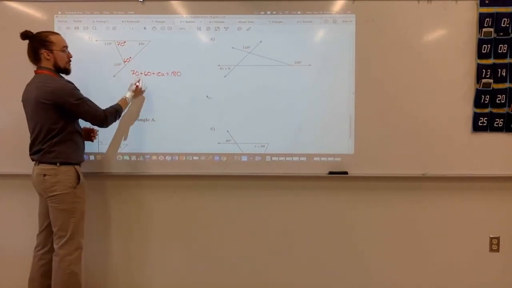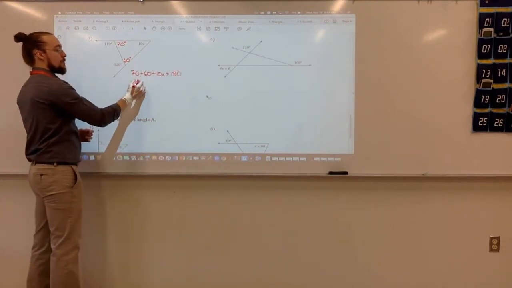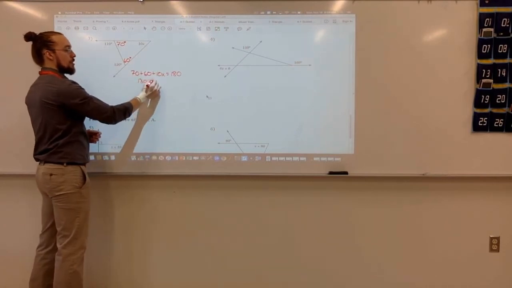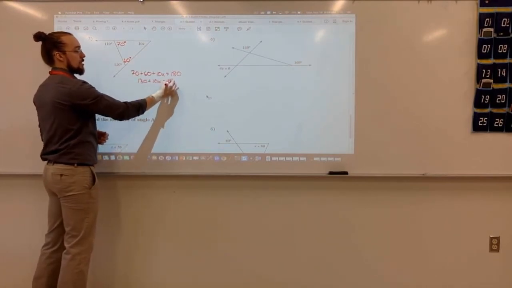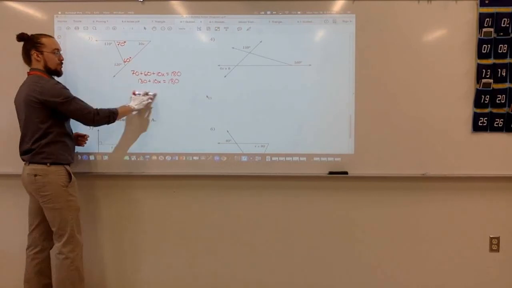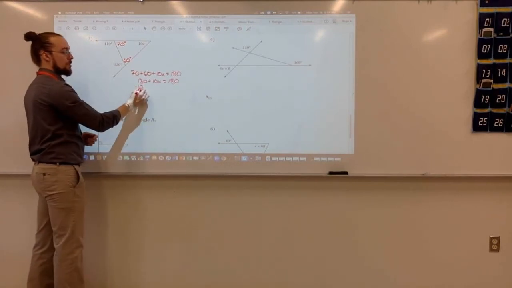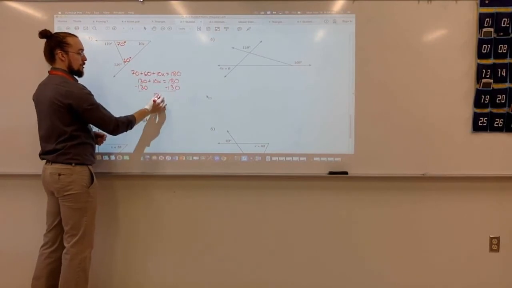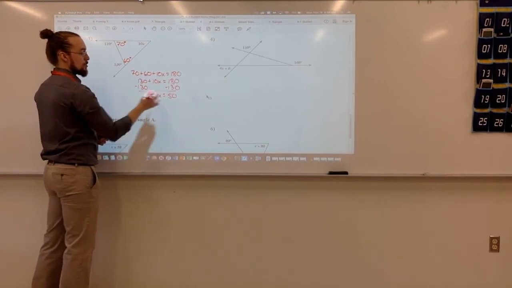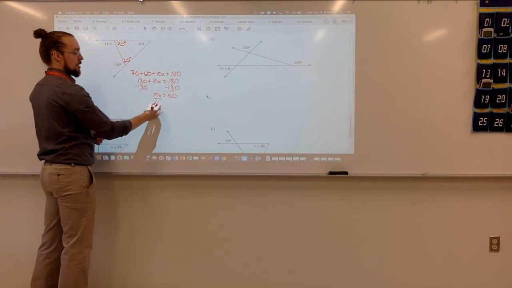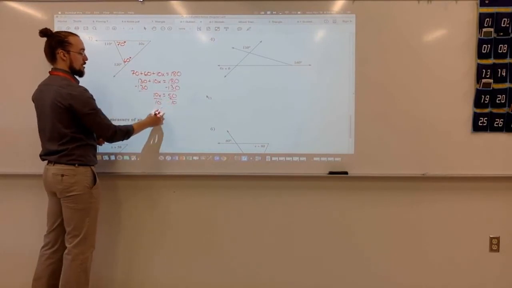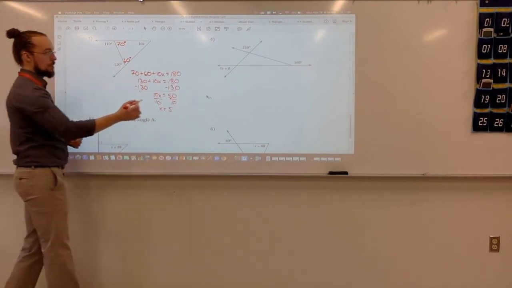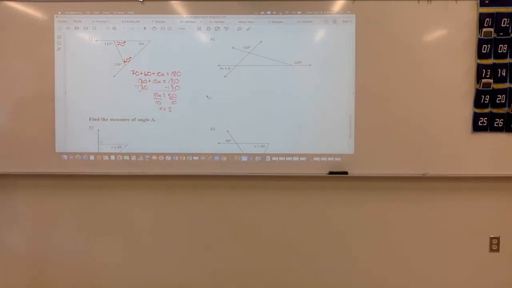Then combine my like terms. 70 and 60 is 130. Subtract the 130 over. Get 10x equals 50. Divide by 10. And x equals 5.